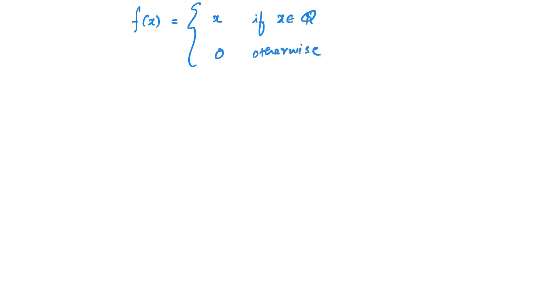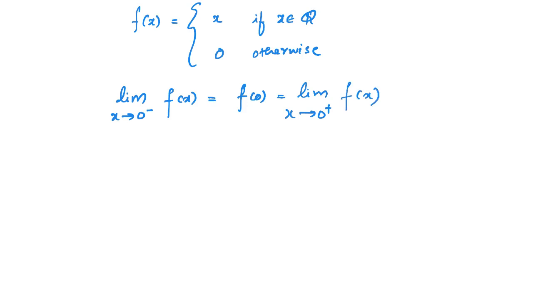I want you to prove that limit x tends to 0 minus of f of x is equal to f of 0 is equal to limit x tends to 0 plus of f of x. I want you to do this as a homework.